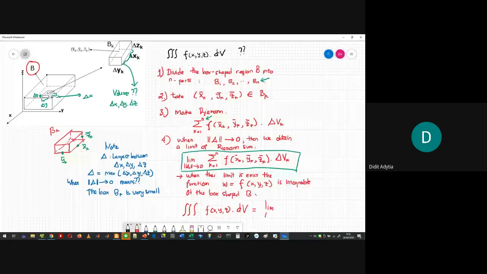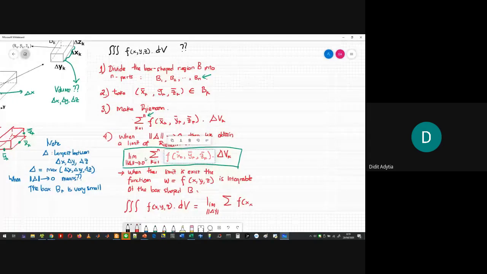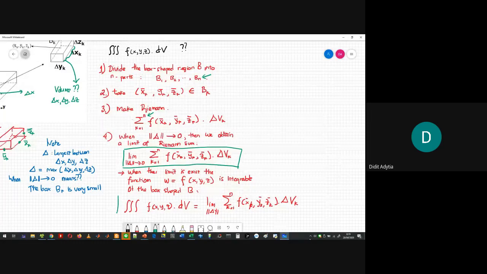The limit is exactly the same as the above formula: the limit of the sum of f of xk bar, yk bar, zk bar, times delta V, with k from 1 to n, over B. Now we have the definitions.